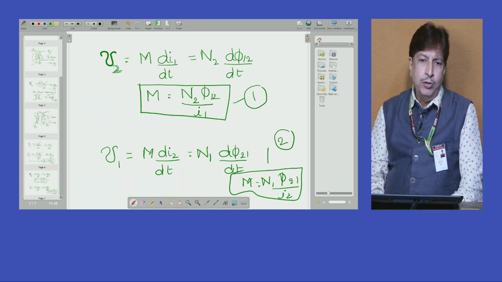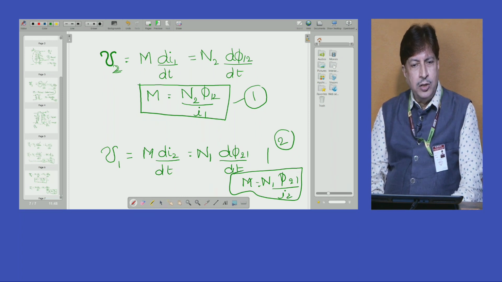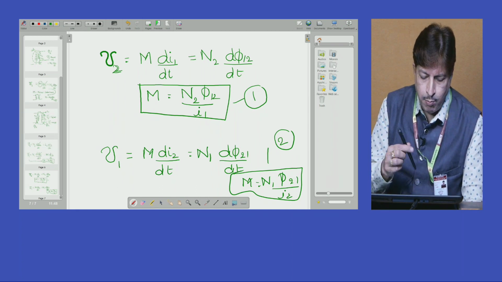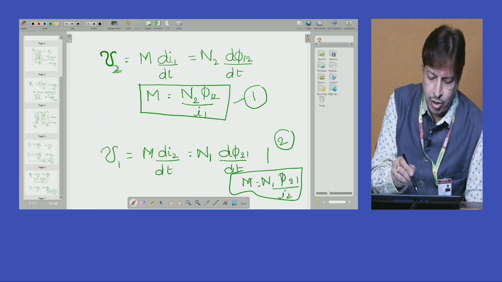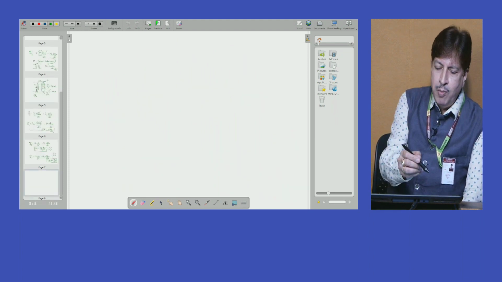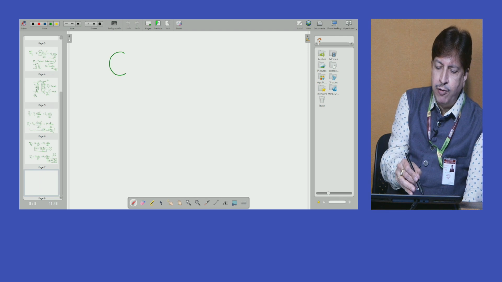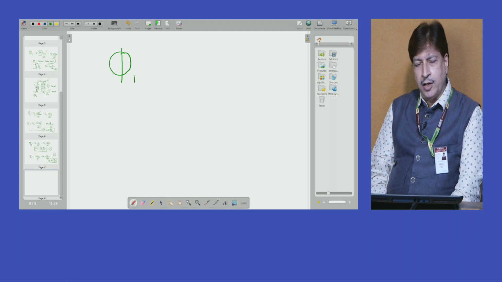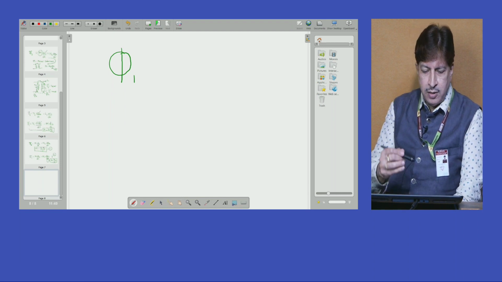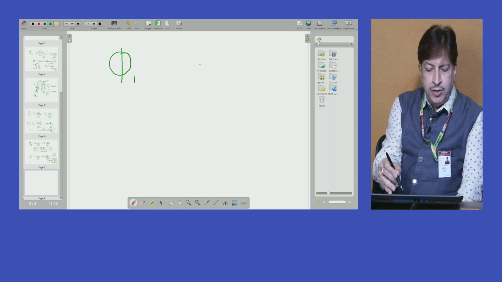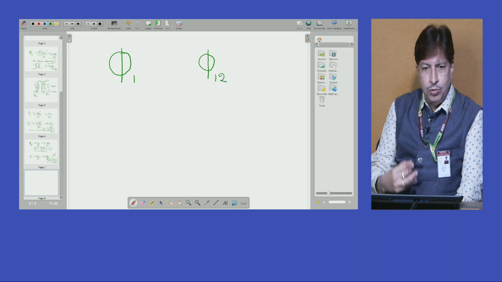Now I am going to introduce what is meant by the coefficient of coupling between the coils of a magnetically coupled circuit. Imagine a flux of phi 1 developed around coil number 1. A part of this is linking coil number 2, and that is phi 12.